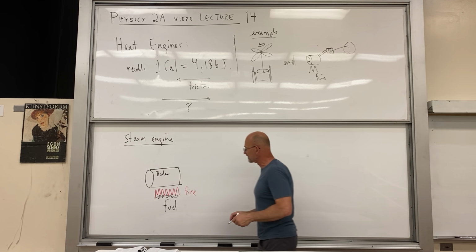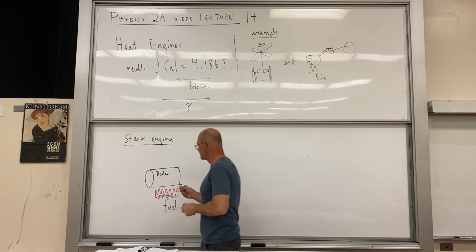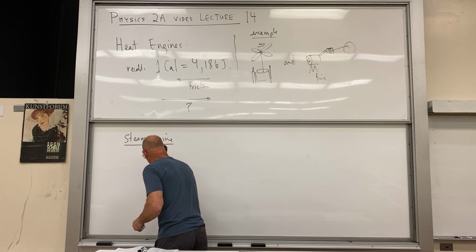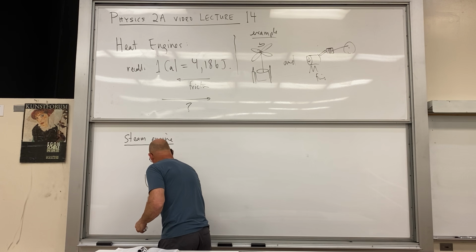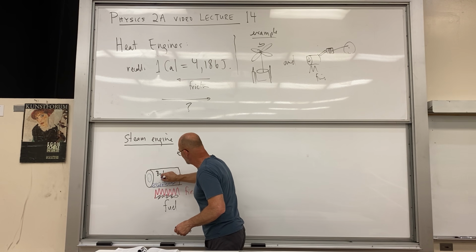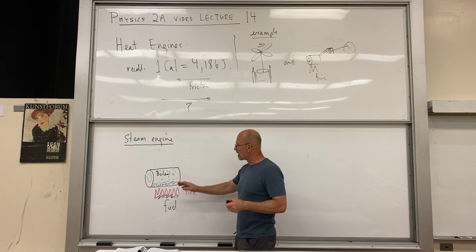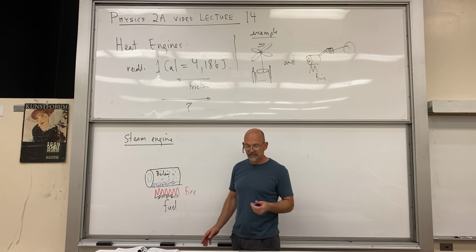Okay, you saw that. So we're boiling the water in here and turning it into steam. So there's a certain amount of water in the boiler, and that turns into steam. So if you just had this boiler with the water in it, you'd have steam under pressure.